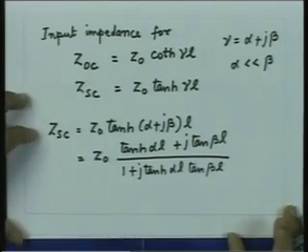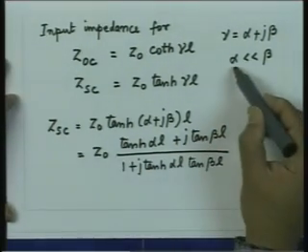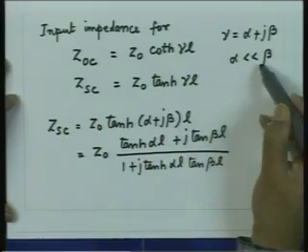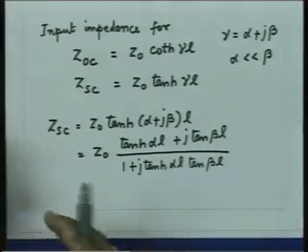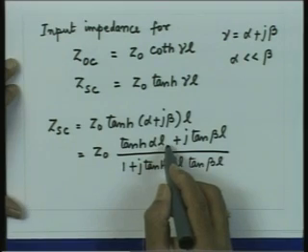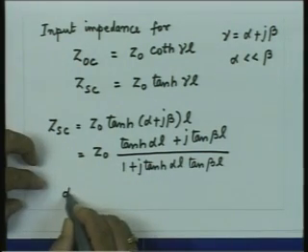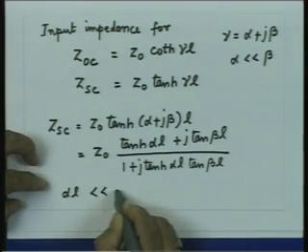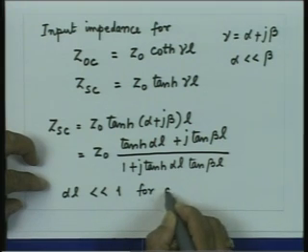Now, since alpha is small, for a length of lambda by 4 section of transmission line, or a length which is smaller than lambda by 2, this quantity alpha L is much smaller than 1. So, we have alpha L much smaller than 1 for a low loss line.